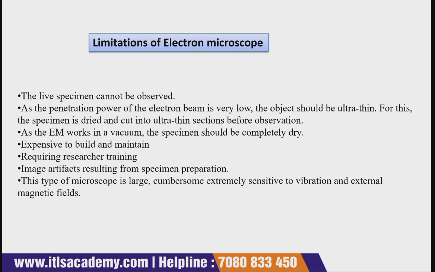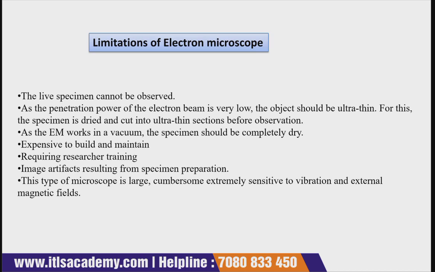Now, what are the limitations associated with the electron microscope? Live specimens cannot be observed, meaning whenever the specimen is live, it cannot be observed. As the penetration power of the electron beam is very low, the object should be ultra thin.